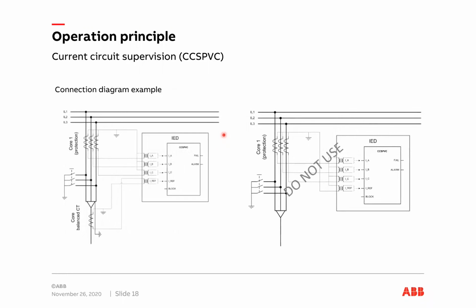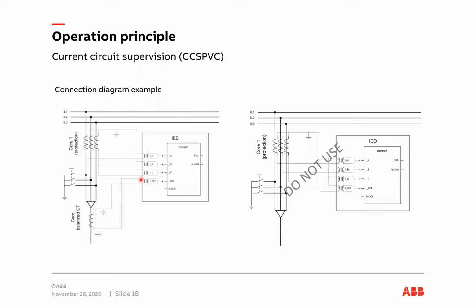So here is one connection diagram example of the current circuit supervision. Here you can see that we are measuring three-phase current, and here we have a core balance CT for earth fault current measurement, which is then connected to the earth fault current input on the relay. And this same input is used as the reference current.